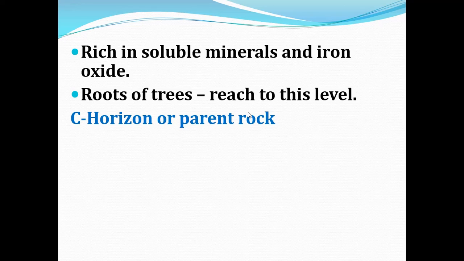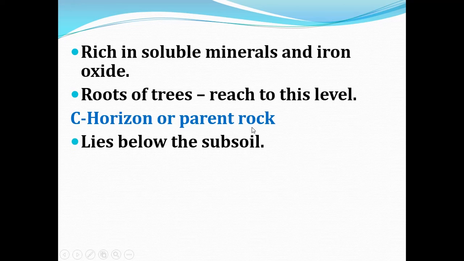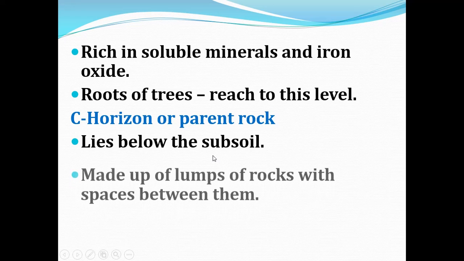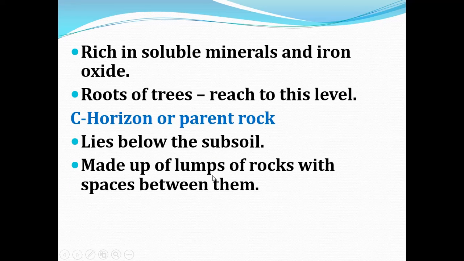The next layer of soil is C horizon, which is also called parent rock, which lies below the subsoil. Okay, so C horizon lies below the subsoil, and is made up of lumps of rocks with spaces between them.